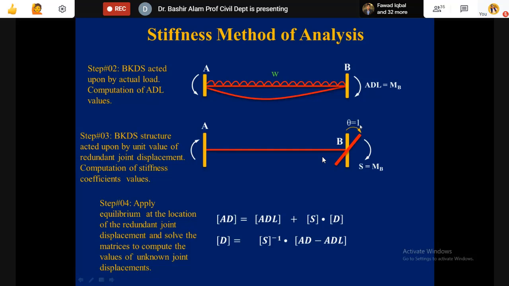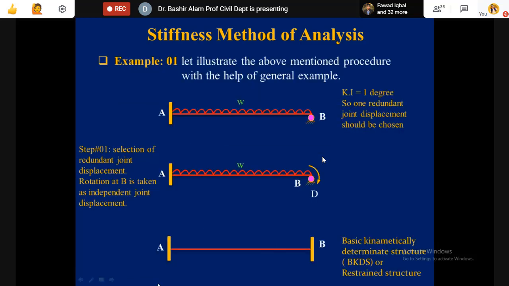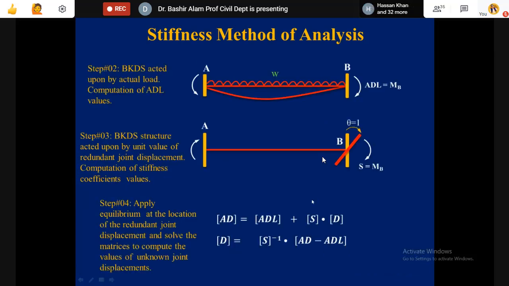From the previous slide, the action corresponding to this is AD. Here we can see no external action is provided, so AD will be equal to 0. So now we can put them in equilibrium. We apply equilibrium at the location of the redundant joint displacement and solve the matrices to compute the values of the unknown joint displacement.